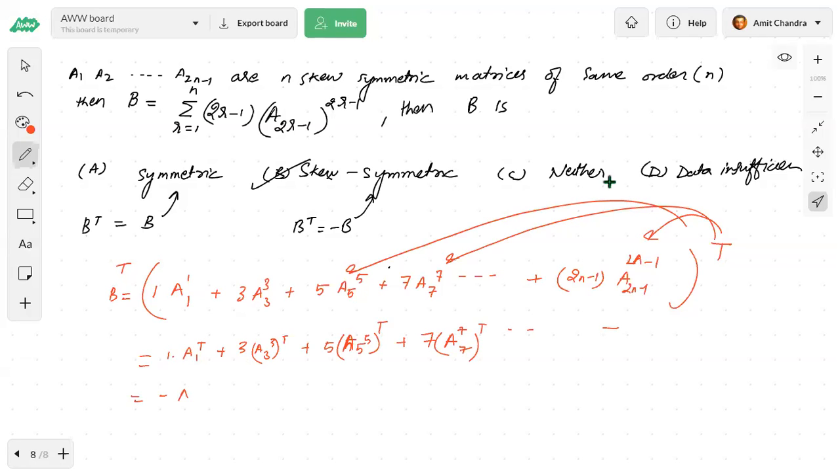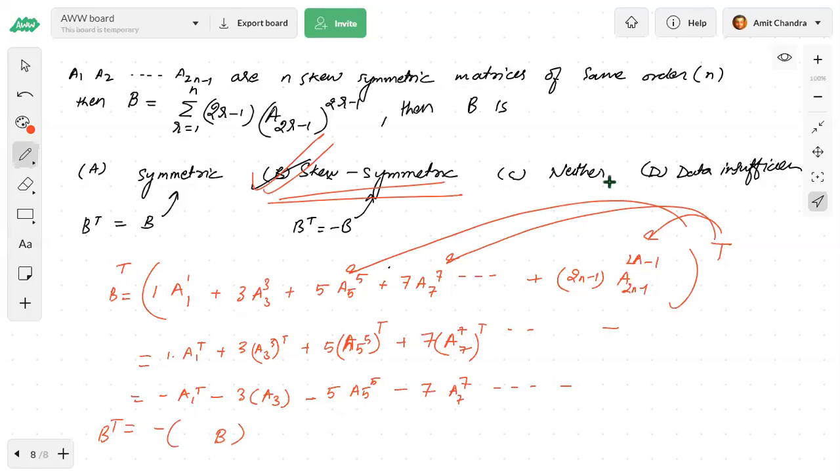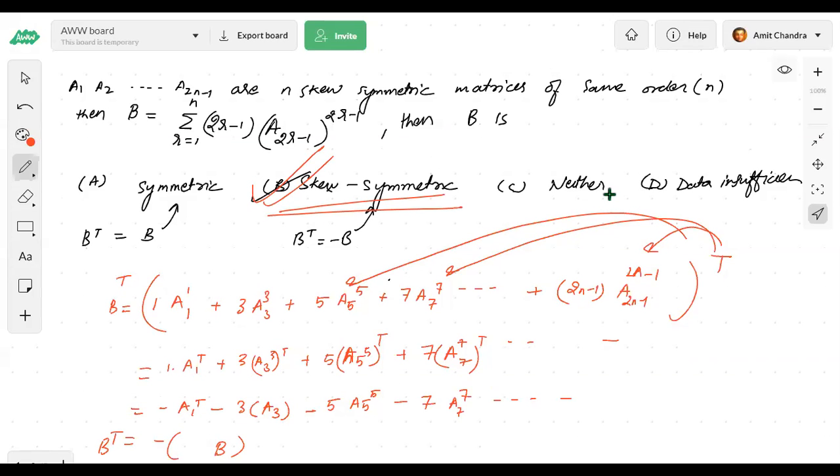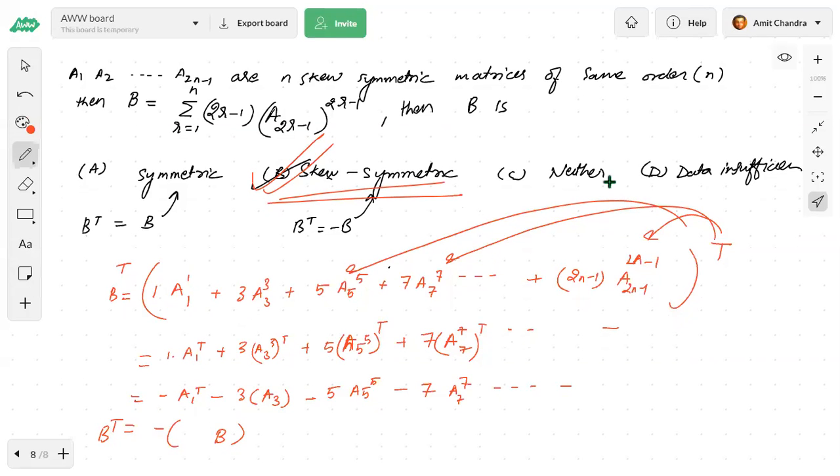So this is minus of A1, plus 3 into A3 cubed, and then again minus, 5 into A5 to the power 5, minus 7 into A7 to the power 7, and so on. Everywhere minus is common, so I can take minus common, and whatever is inside is nothing but B. So we got B transpose equals minus B, hence it is a skew symmetric matrix. Everybody understood? Yes, very simple question. Just check it once again, then we'll move on to the next part.